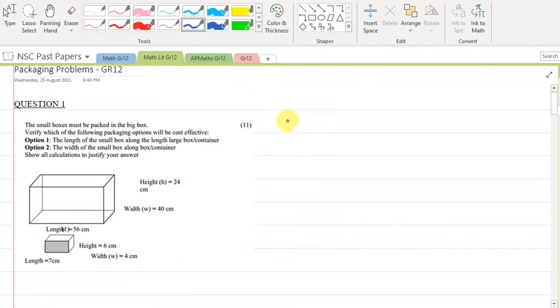Now it's good to write down these things. So height 1 for the larger box is 24 centimeters, right? And height 2 for the smaller box is basically 6 centimeters. Then the width of the larger one is 40, and width of the smaller one is 4.